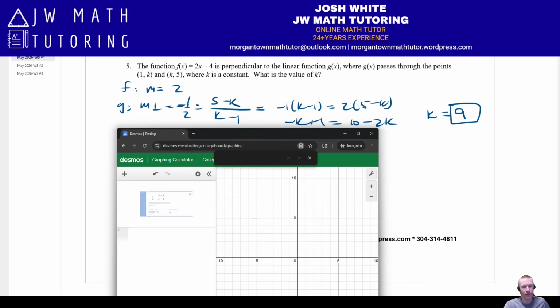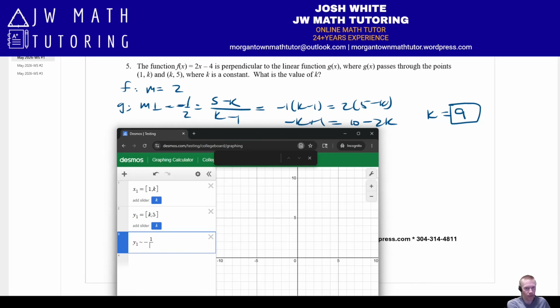But even if you don't want to set up the formula for slope, or you forgot the formula for slope, you can type the x coordinates in a list and the y coordinates in a list. The reason you have to use a list and not a table is because of the k constant. If you try to do it in a table, it's not going to work properly. Then you can do linear regression.